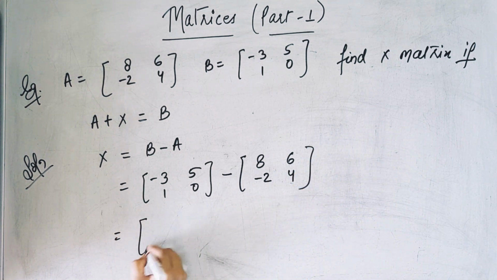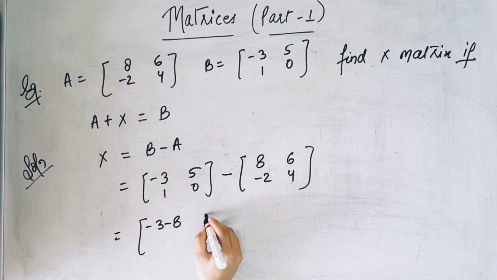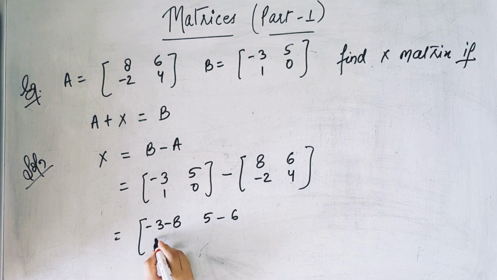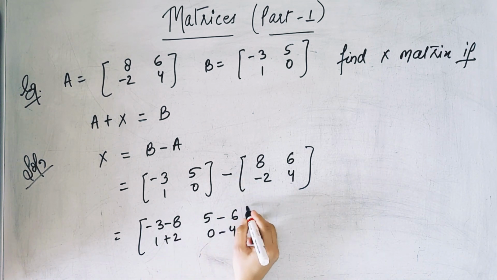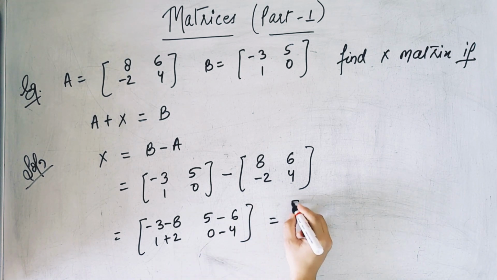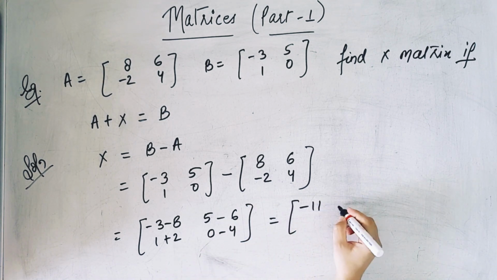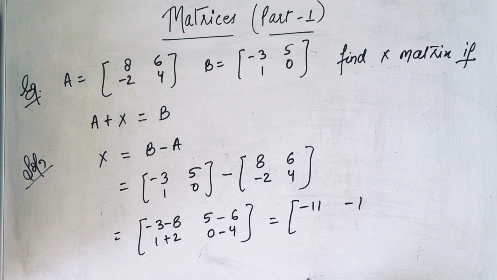So we'll subtract it. Minus 3 minus 8, 5 minus 6, 1 minus minus 2 becomes plus 2, and 0 minus 4. So we'll get minus 11, minus 1, 3, and minus 4. So this is how we can find the unknown matrix if some condition is given to us.